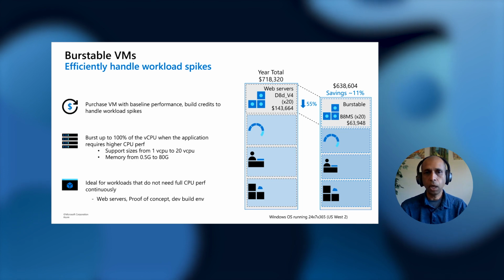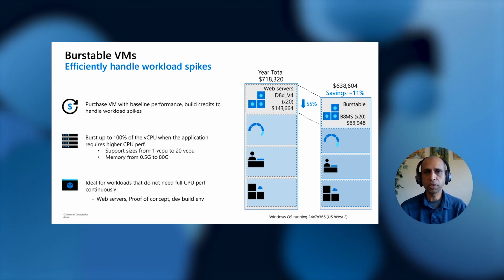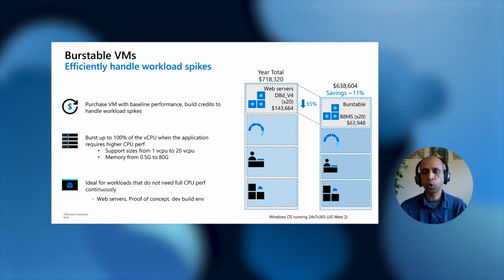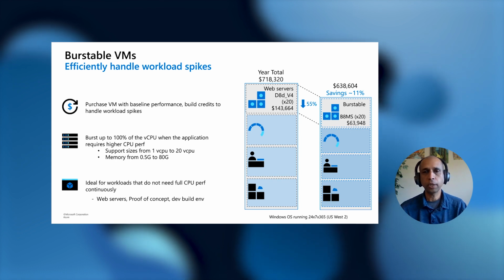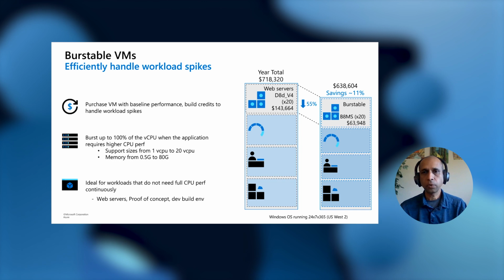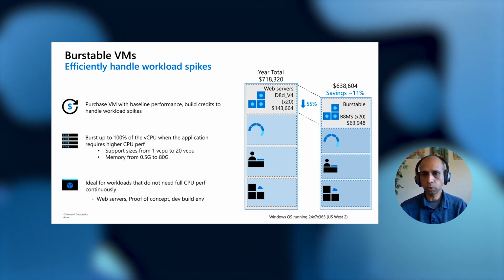Burstable VMs are ideal for workloads that do not need the full CPU performance at all times. Think of an application where an employee has to check in and check out, and you're tracking that time. As you can imagine, check in and check out happens at specific points during the day, and that's when you will see the workload spike. Burstable VMs are ideal for these types of workloads. You purchase a VM and you're guaranteed a baseline performance.